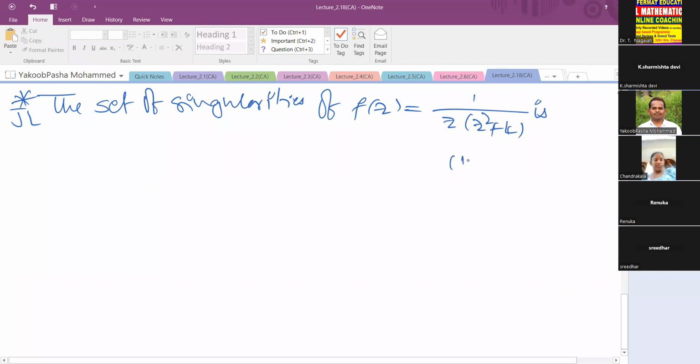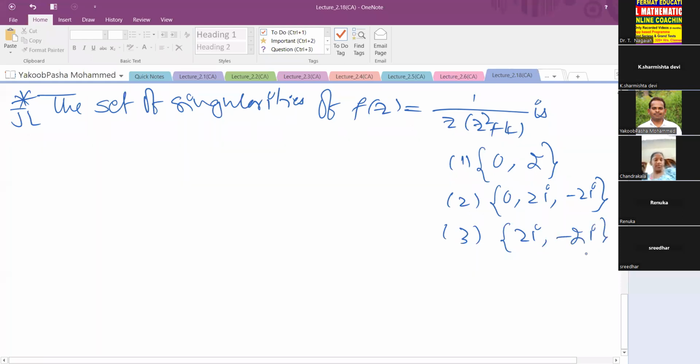We have options here. First option, singleton set {0}, comma 2. Second option 0 comma 2i comma minus 2i, and third option 2i comma minus 2i, and fourth option singleton set {0}. These are the four options we have.